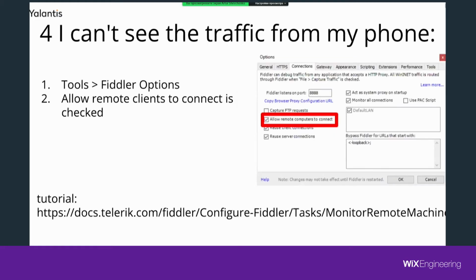The next one: sometimes QAs forget to enable connection of remote devices, and that's why they don't see any traffic. So the solution, again, is pretty simple. Go to Options, go to the Connections tab and check Allow remote computers to connect.